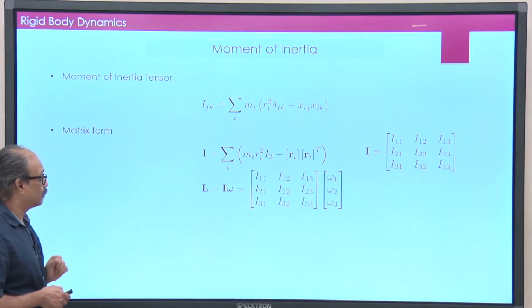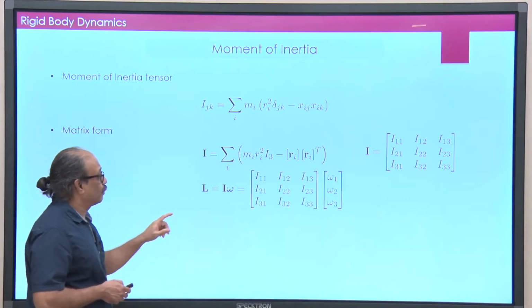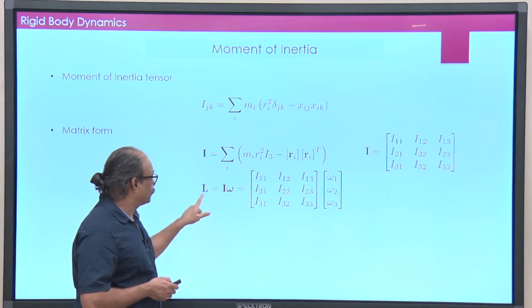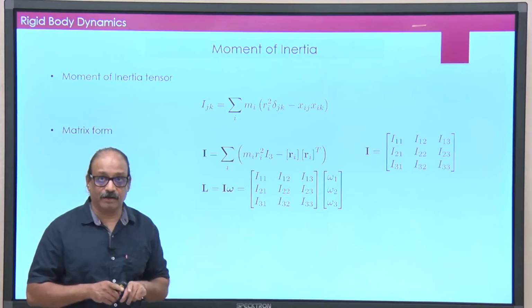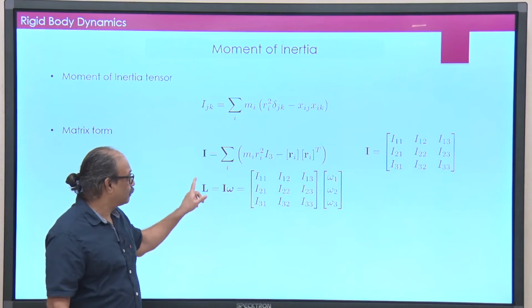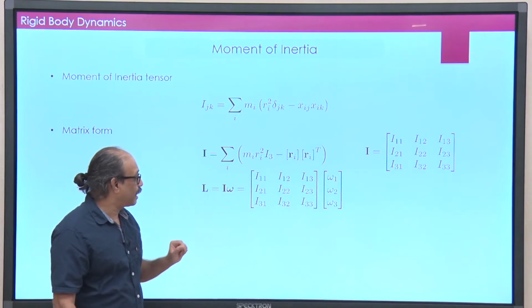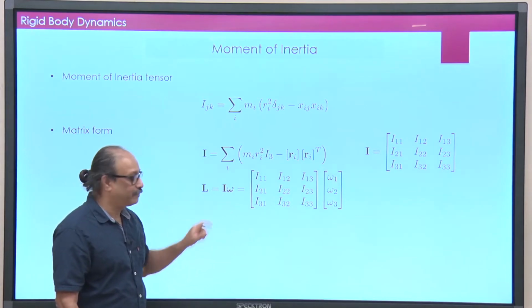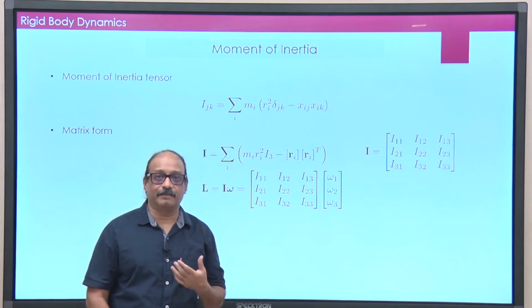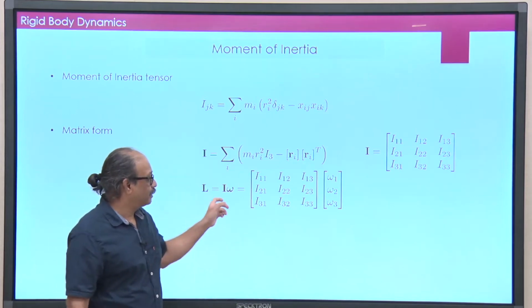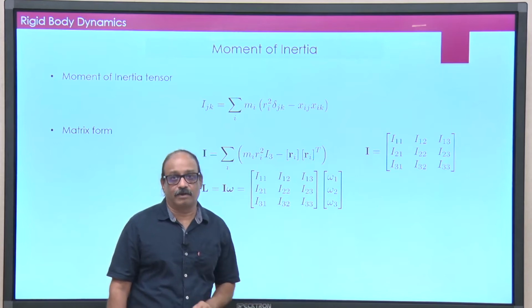So, now go back to the previous one. The whole of this L vector written as a column matrix with L 1, L 2, L 3 can now simply be written as I omega, where what goes between I and omega is standard matrix multiplication. I is a 3 by 3 matrix and omega is a column vector.